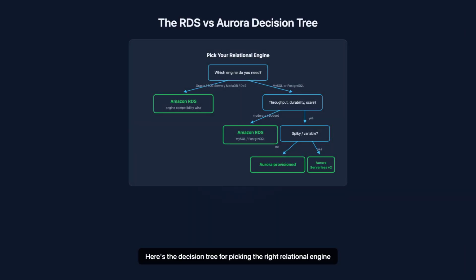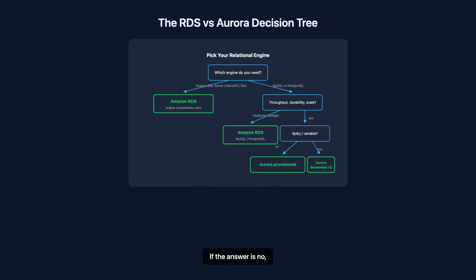Here's the decision tree for picking the right relational engine on Amazon Web Services. Start at the top with the engine question. If you need Oracle, SQL Server, MariaDB, or DB2, engine compatibility wins, go RDS, done. If you're on MySQL or PostgreSQL, ask the next question. Do you need extra throughput, durability, or scale?